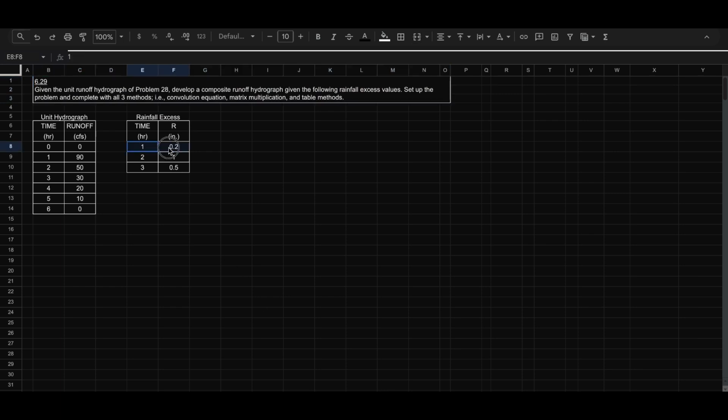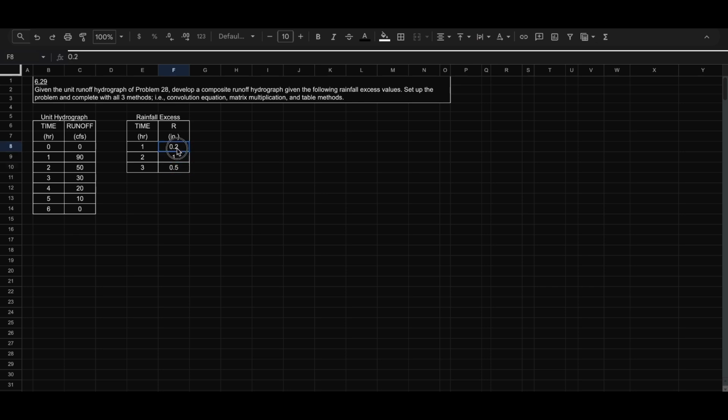All we're saying is that in the first hour we got a rainfall excess or runoff volume of 0.2 inches. In the second hour we got a rainfall excess of 1 inch. In the third hour a rainfall excess of 0.5. So we have three different hydrographs where the volumes underneath their curves are 0.2, 1 inch, and 0.5.